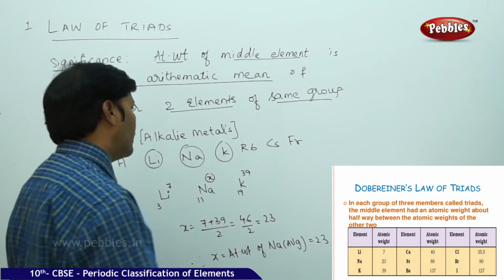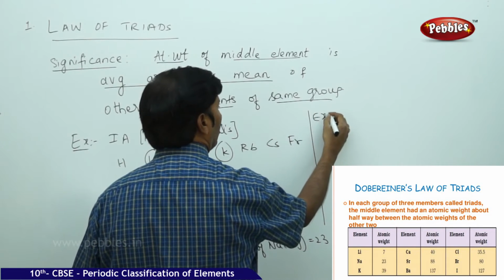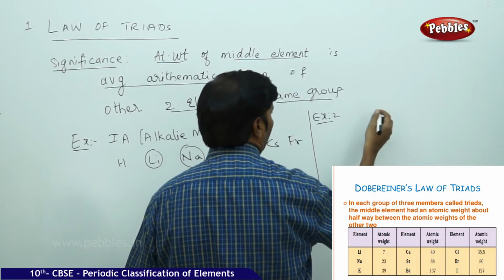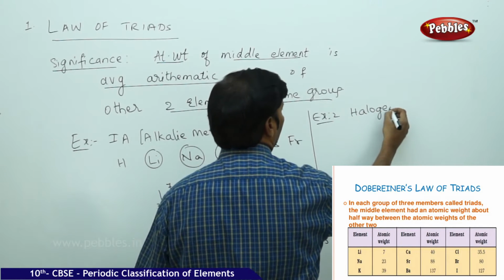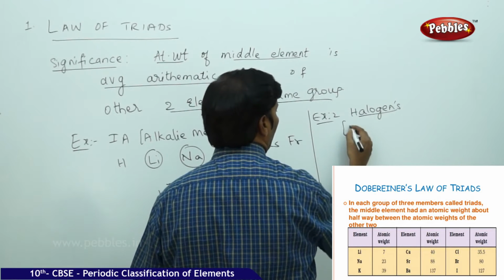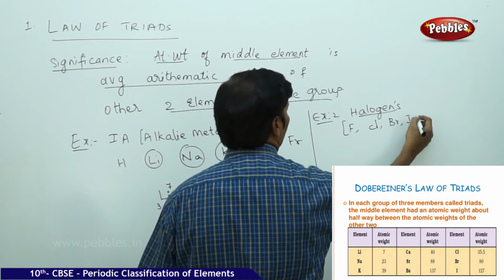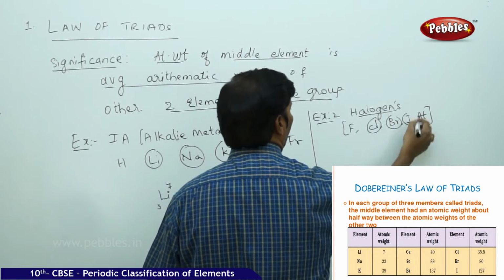Like this you can take one more example. I will take example 2, that is iodine. If you take halogens: fluorine, chlorine, bromine and iodine, of course astatine. So I am taking here chlorine, bromine and iodine.